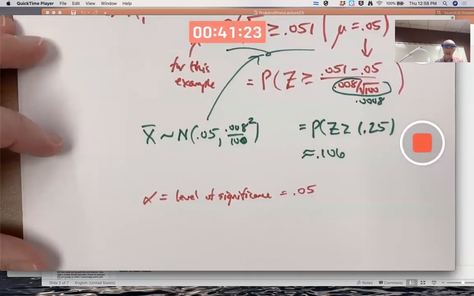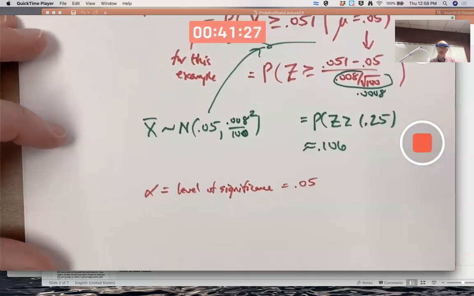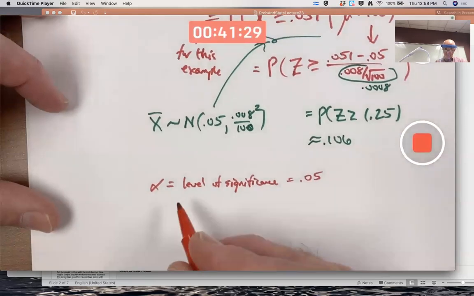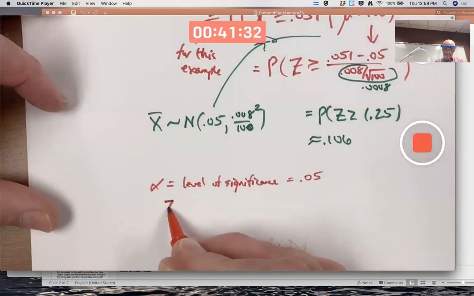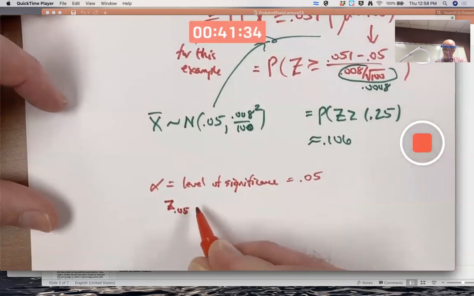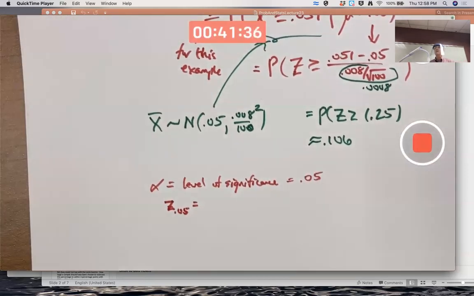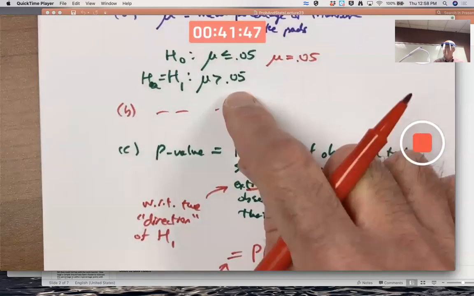Okay, so I'm going to use that level of significance. So what am I after here? I'm really looking for Z sub 0.05 first. That would be a Z value where the area to the right is 0.05. This is a right-tailed test.